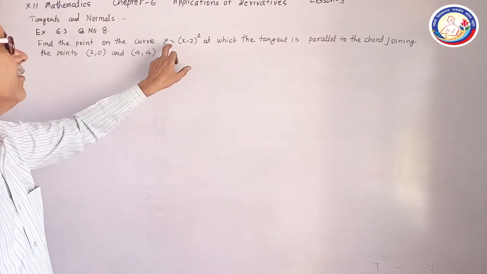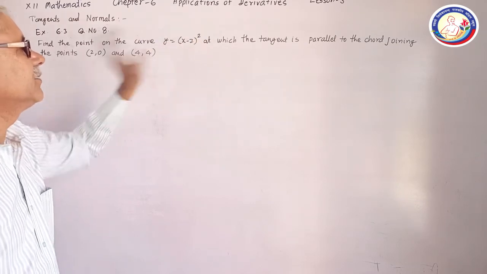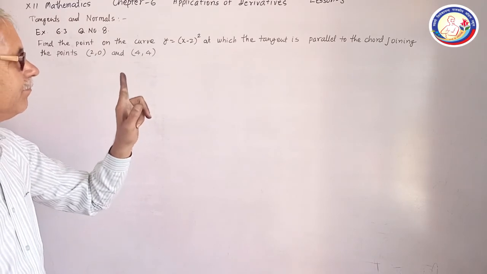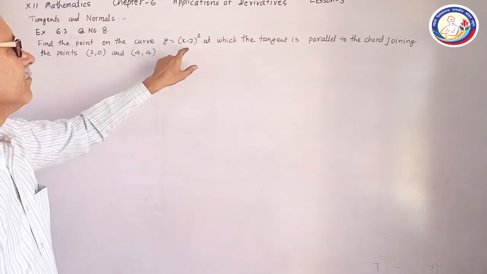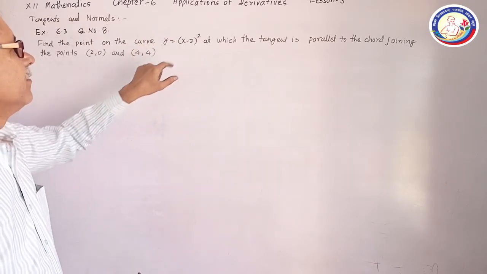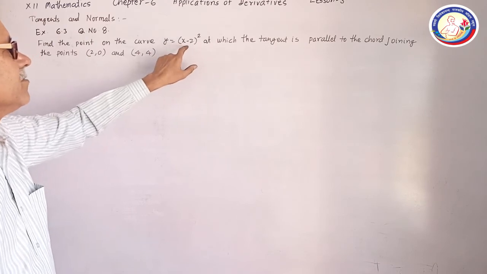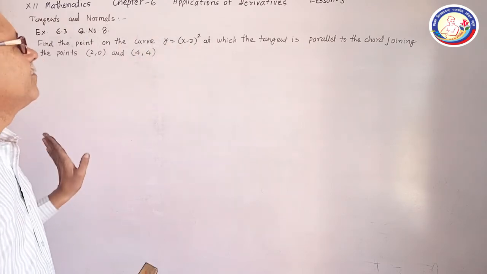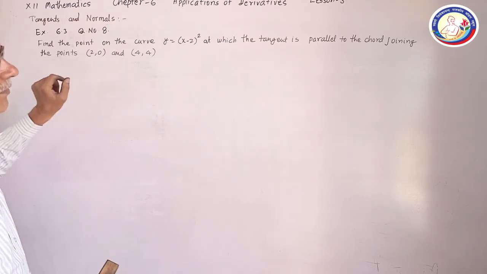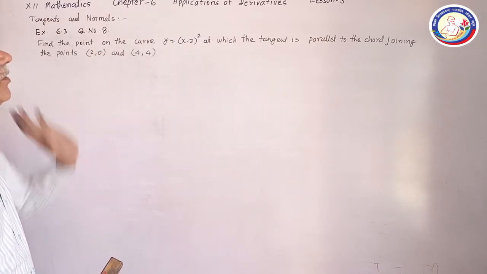We will find the derivative of this function y equal to x minus 2 square with respect to x. That will provide us the slope of the tangent. But no point is given here to find the slope. But we are given that the tangent is parallel to the line joining these 2 points.